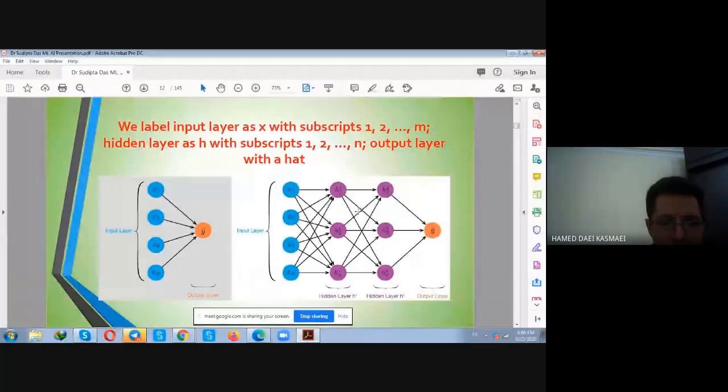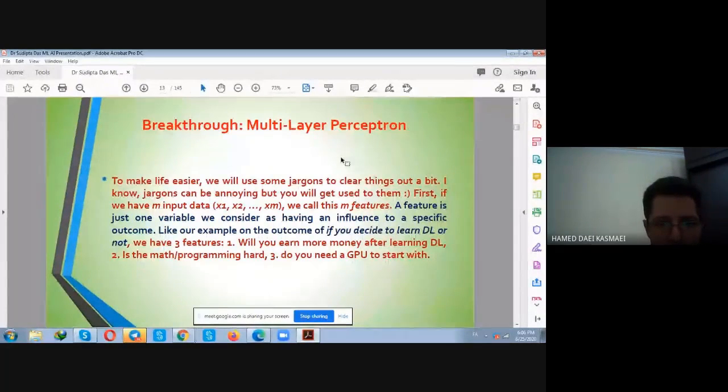To make life easier, we will use some jargon to clear things up a bit. I know jargon can be annoying, but you will get used to it. First, if we have m input data, X1, X2, up to Xm, we call it m features. A feature is just one variable we consider as having an influence on a specific outcome.